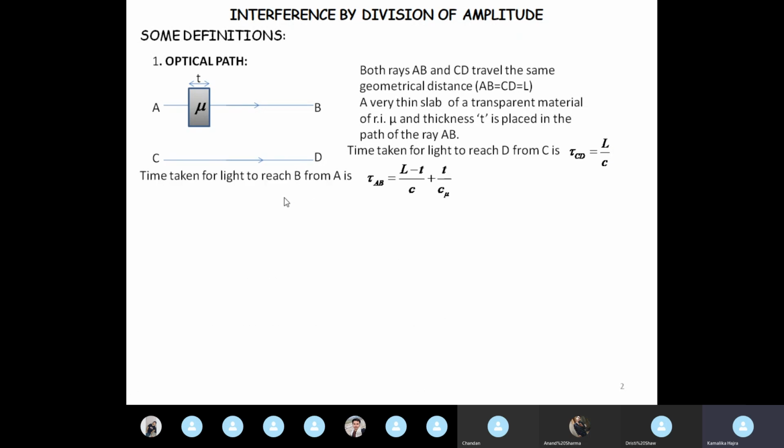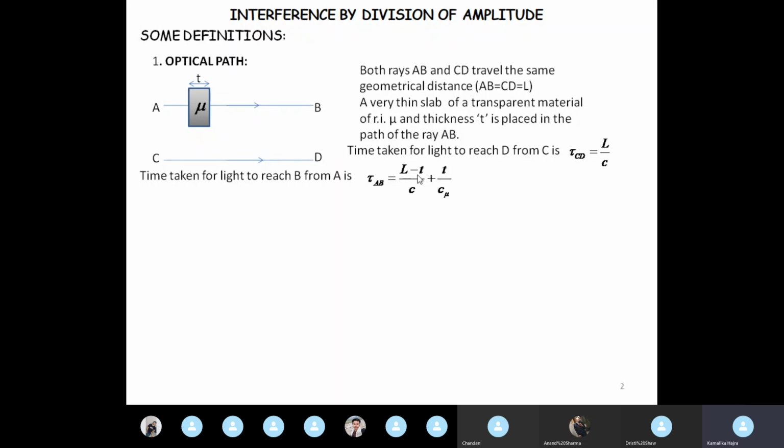What is the time taken for light to reach B from the source A with this transparent slab kept in its path? It's given by the time taken by light to travel in air and the time taken by light to travel in the material.